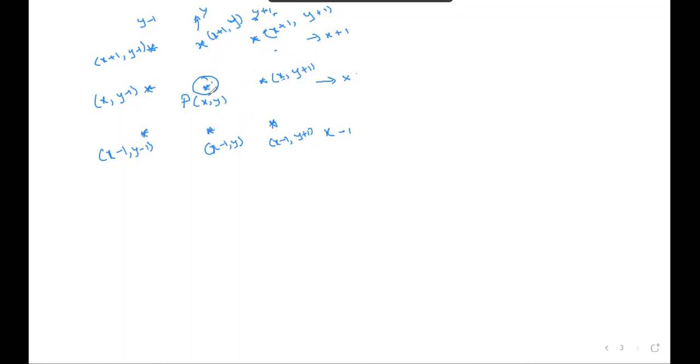Now this is P. N4 of P is represented with the horizontal and vertical pixels. Blue color notations are the horizontal and vertical pixels. So what are the positions of them?